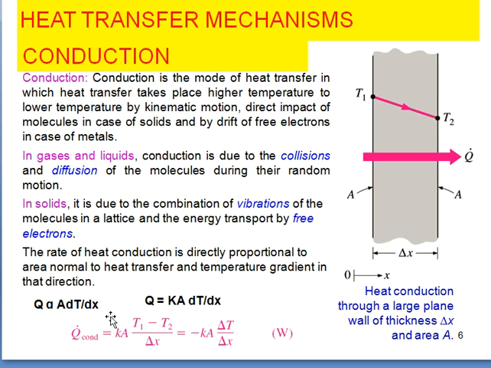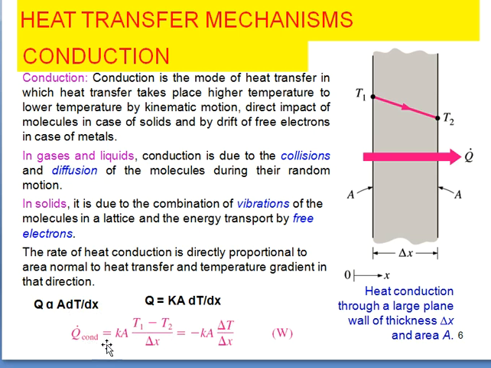Then we can write q is directly proportional to the area normal to the heat transfer and the temperature gradient. The area normal, at right angles to the heat transfer, whatever area is there, to that it is proportional, and the temperature gradient is the change in temperature with respect to a particular distance. That is dT by dx, the temperature gradient. Then we can say that q is equal to k A dT by dx.